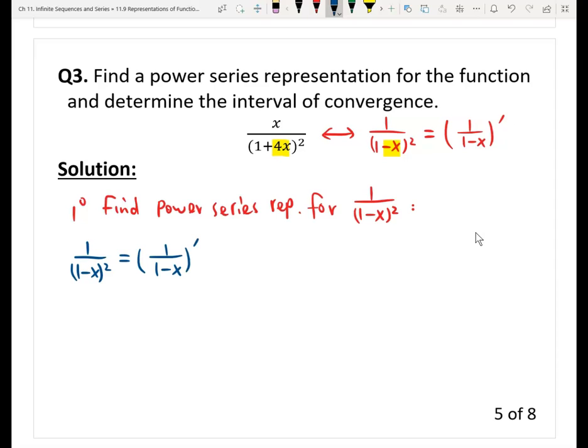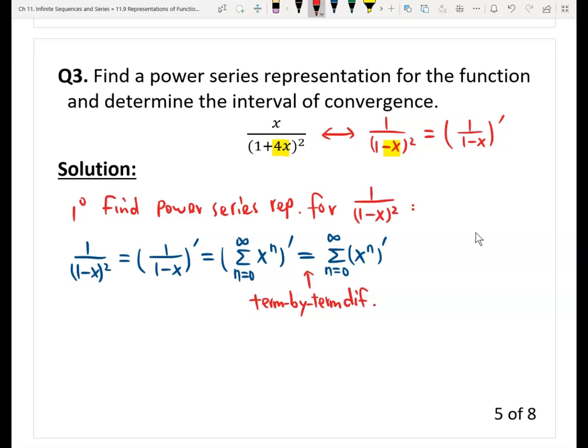Take a derivative. And if we write it into a power series, which is the sum of x raised to the nth power, take a derivative, right? Let me write the index, which is from 0 to infinity. Now at this step, we can go term by term differentiation. Each term is a power. We take a derivative, and the index is from 0 to infinity, we know. And this step is term by term, right?